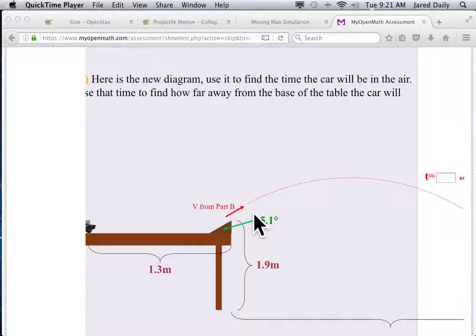And then we say that t equals negative b plus or minus the square root of b squared minus 4 times a times c, all over 2 times a. And we plug those numbers into that formula to calculate t. It'll give you two values for t. One will be positive, one will be negative. You choose the positive one.